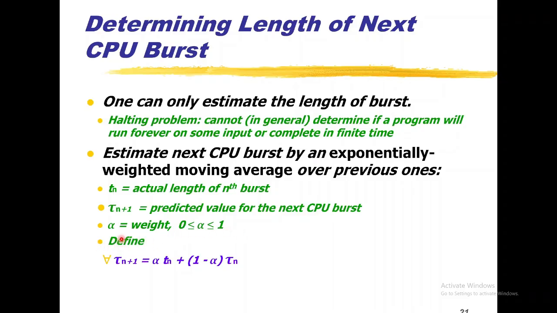And we can now define the predicted value for the next burst as equal to alpha, which is the weight, times T of n, the actual length of burst time, plus 1 minus alpha times tau of n.